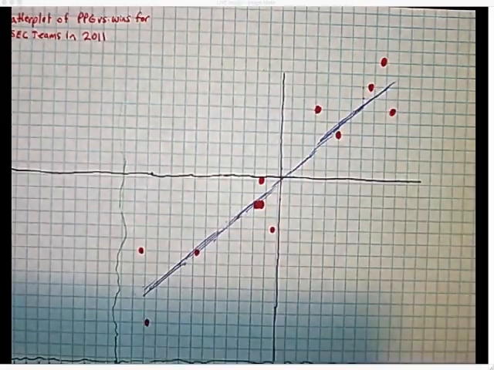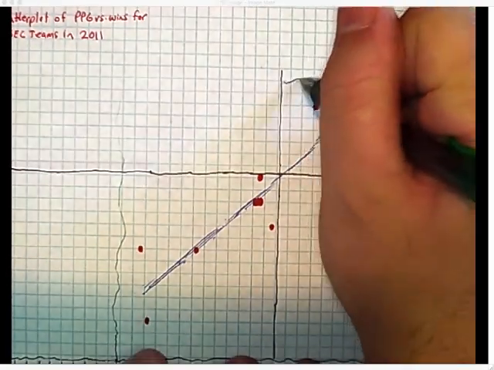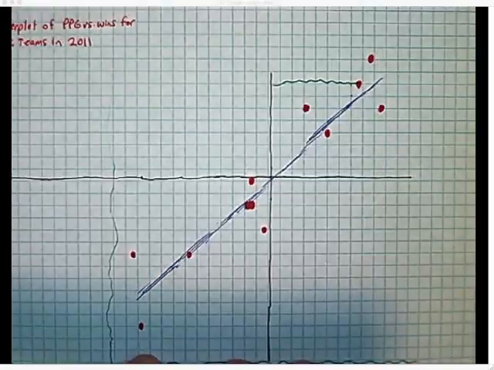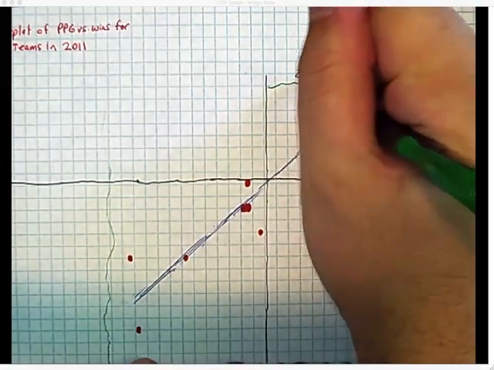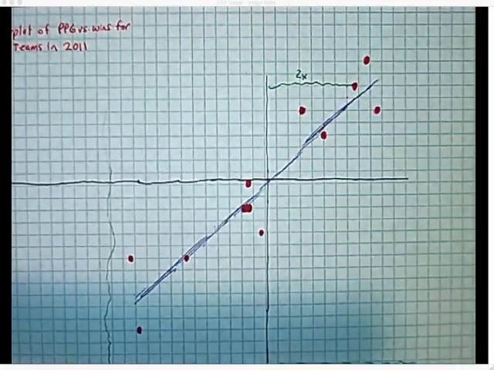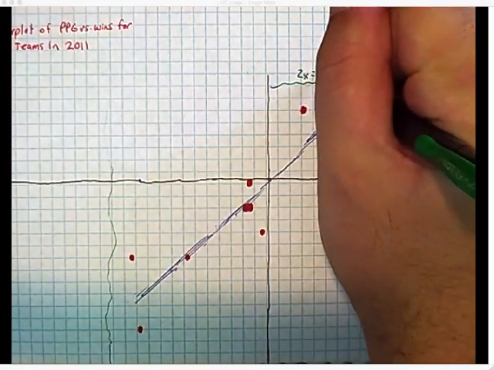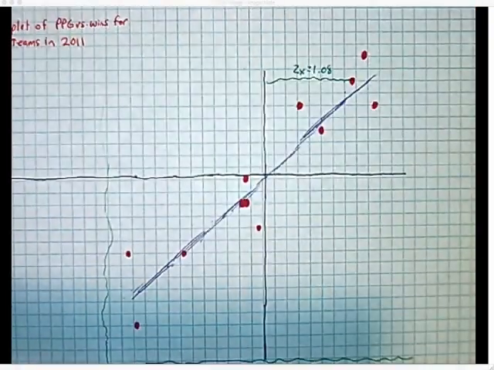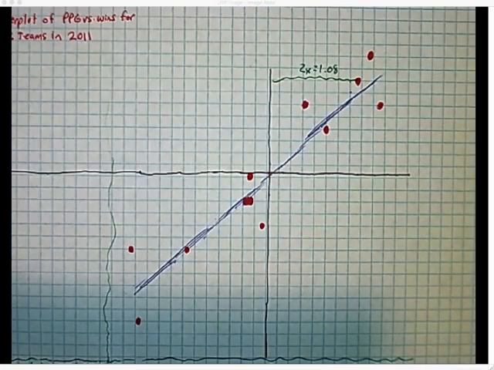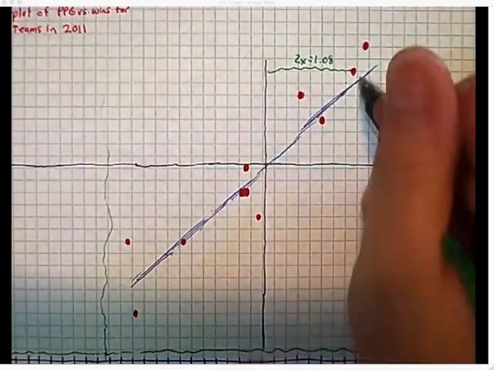If you want to think about this point, it's kind of like a z-score along the x-axis. This is Alabama. They're 1.08 standard deviations above the points per game average.